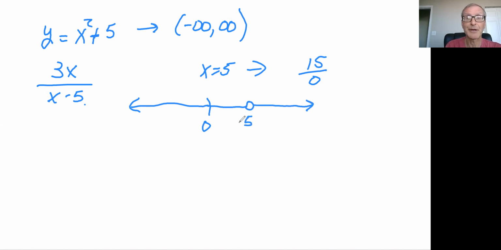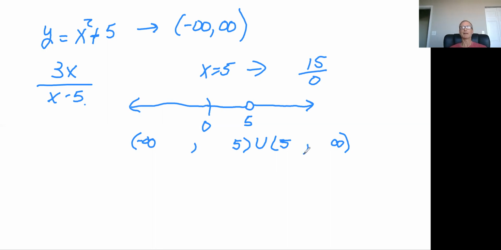And so to generate the interval format, these two ends are infinity and minus infinity, and we have to break up at 5. So the 5 goes there and the 5 goes there, and then you put a union here. I need commas here. What that indicates now is all real numbers except the number 5.